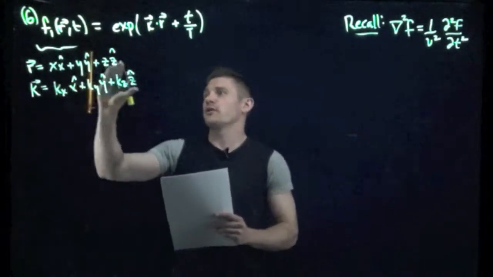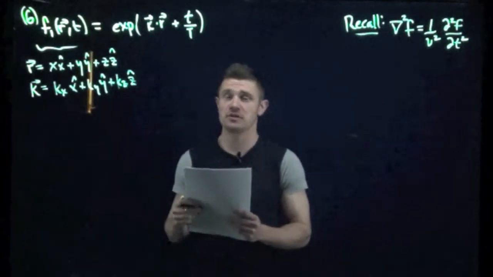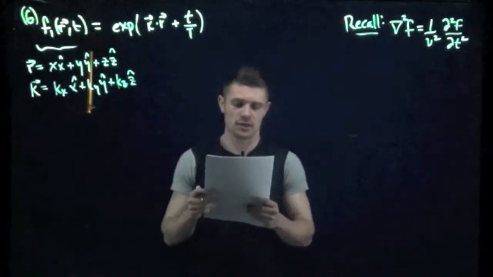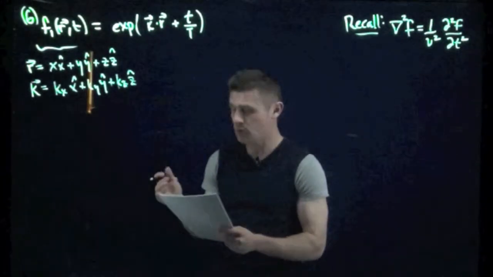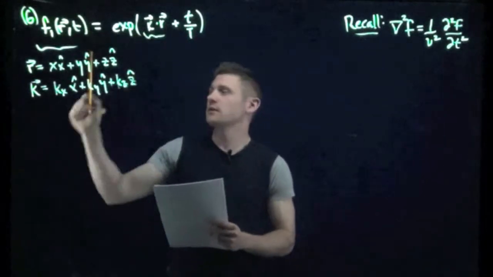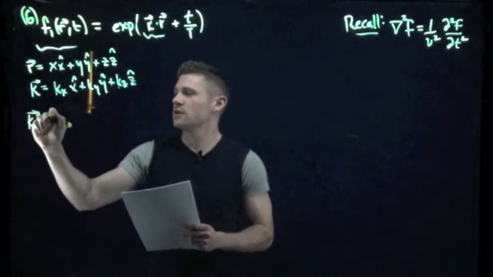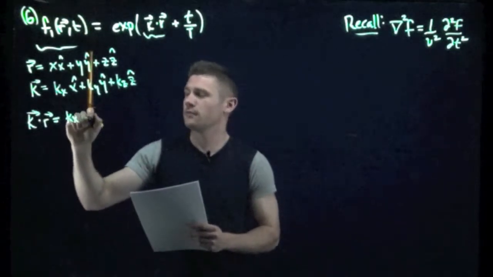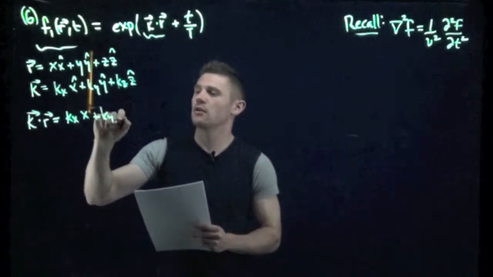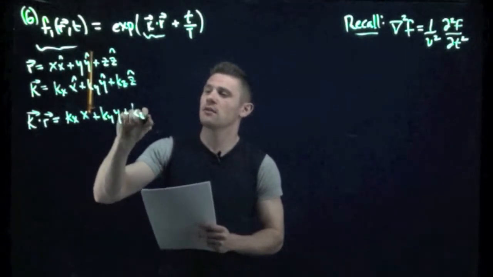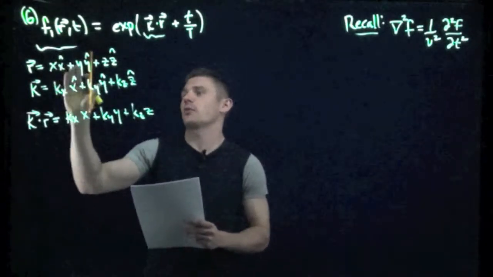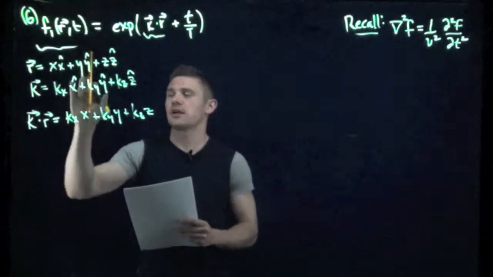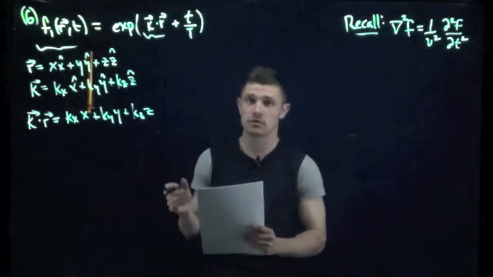However, we do know the general form of these two, and this might help us in the coming derivatives. So I'll do this dot product first between these two vectors. So k dot r gives kx x plus ky y plus kz z, given that the x hat components go together, y hat and z hat accordingly, just a normal dot product.